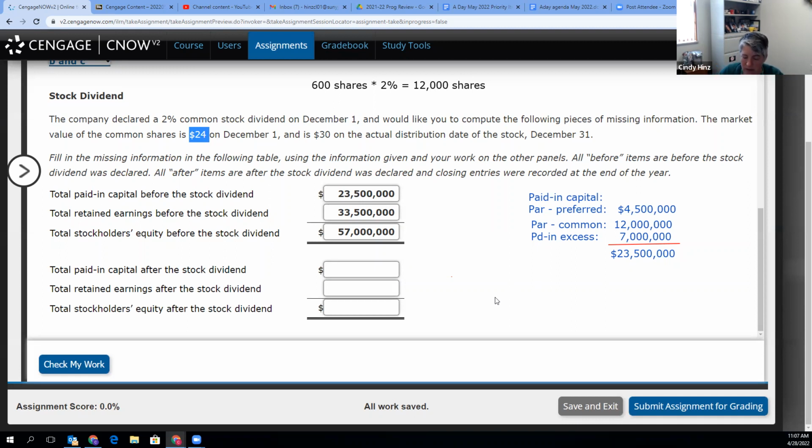So 12,000 shares at $24 is $288,000. 12,000 new shares are going to be issued, and we use the fair market value of $24 as the value. And so what we do is move that value out of retained earnings and into contributed capital.